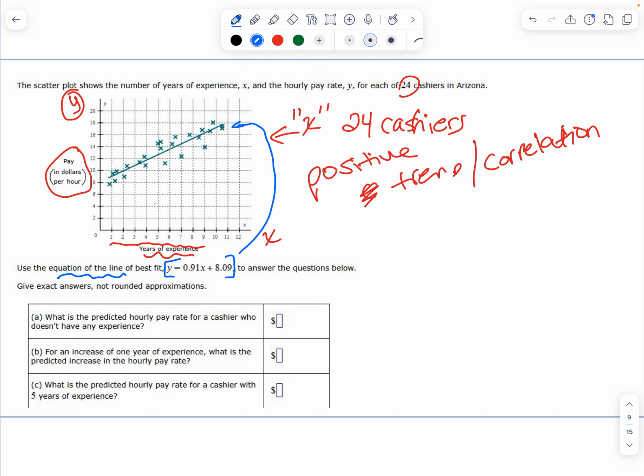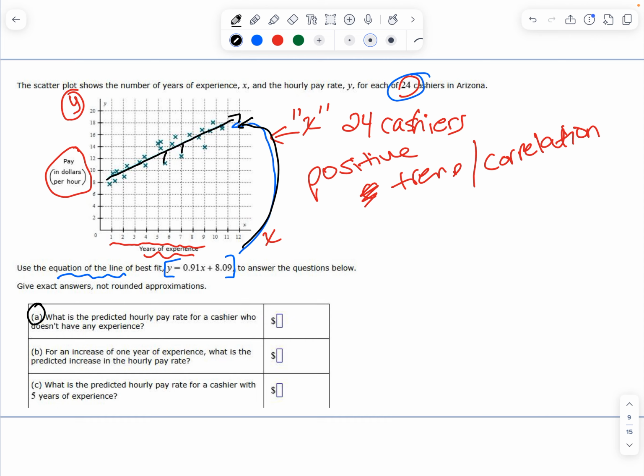They put all of these 24 cashiers into their computer program and had the computer make as good a line as possible, like a trend line, a prediction line, right through it. It tries to hit as many of these points as possible, or reduce the vertical distance between each of these points and the line. So it tries to even that out. All right, so this line goes with that little trend line.